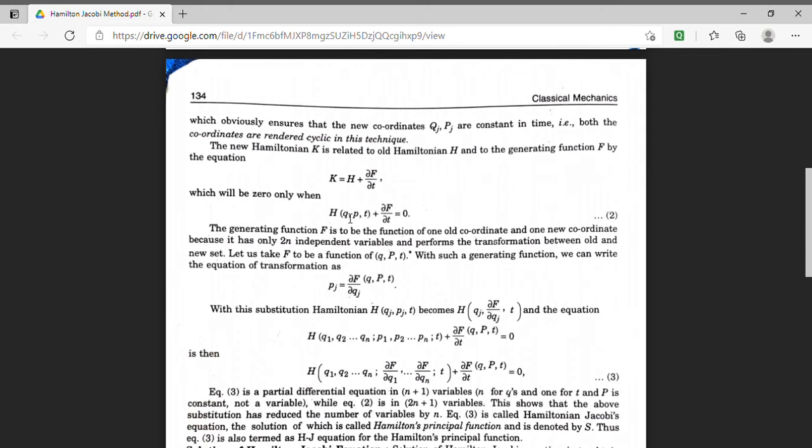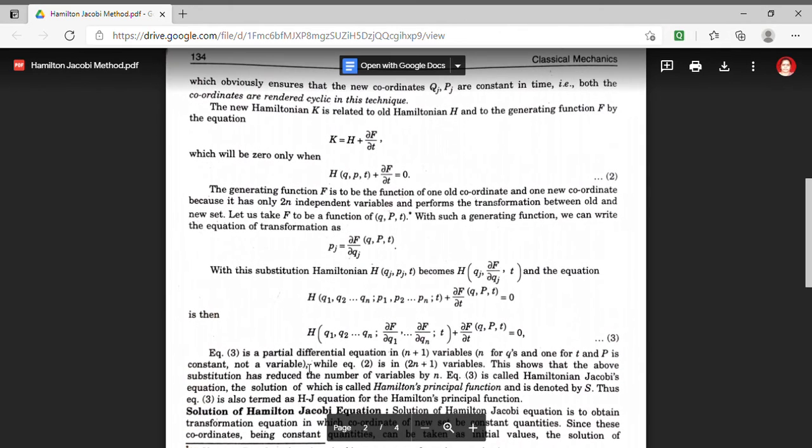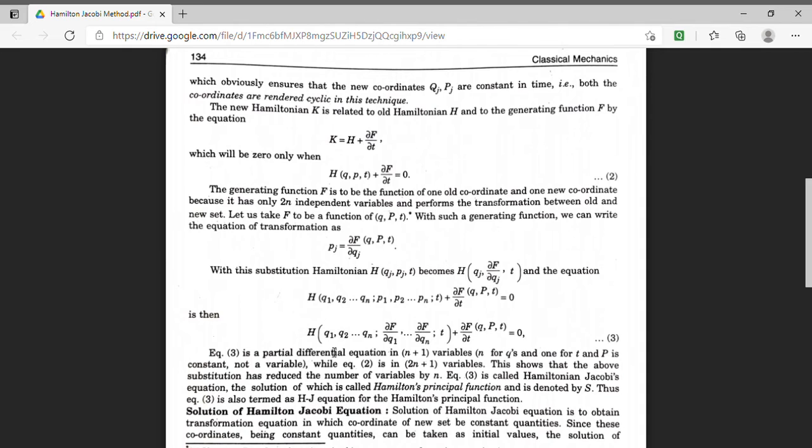There are n values of q. So I can write H as q1 till qn, and in place of p, del F by del q1 till del F by del qn, and time, plus del F by del t, and F is a function of small q, capital P and t.